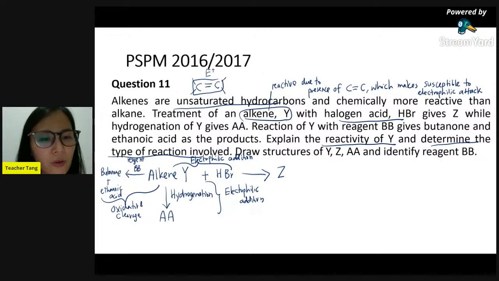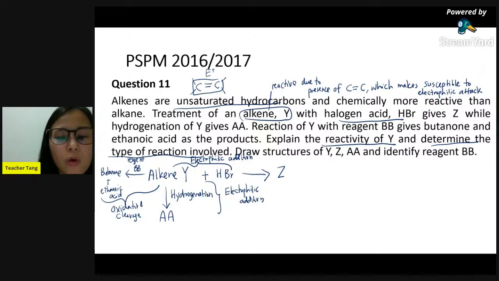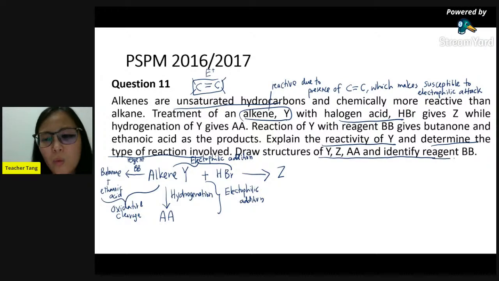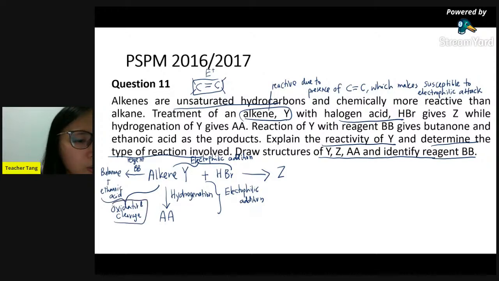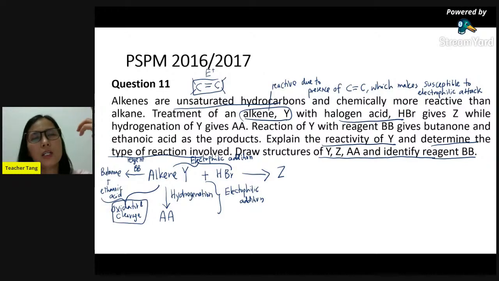So sekarang kita boleh try to draw structure Y, Z, AA and identify reagent BB. So what is the reagent BB? So kita tahu this is oxidative cleavage. Oxidative cleavage hanya ada dua reagent, ozone atau hot acidified KMnO4.